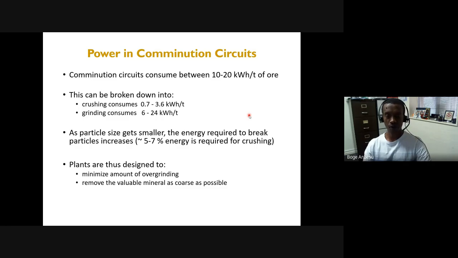As I said, fine particles, which we do grinding on, are more difficult to break and produce finer particles compared to coarse particles. That's why crushing doesn't take more energy, while grinding does. So if you want to save energy, avoid over grinding. Try to get rid of the product from the mill as soon as possible.